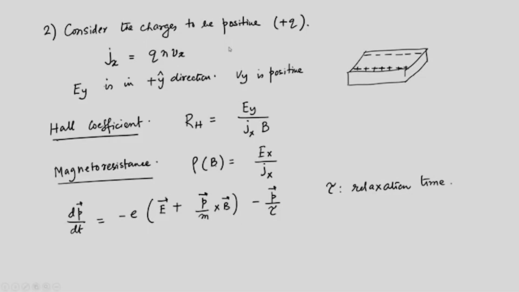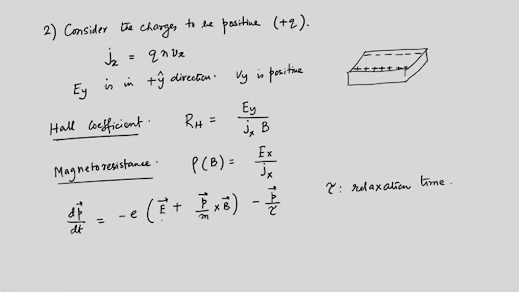So for x and y components, one can write down 0 equal to minus eEx minus eB/m Py. I am writing now the equation that you have seen here, in terms of components.